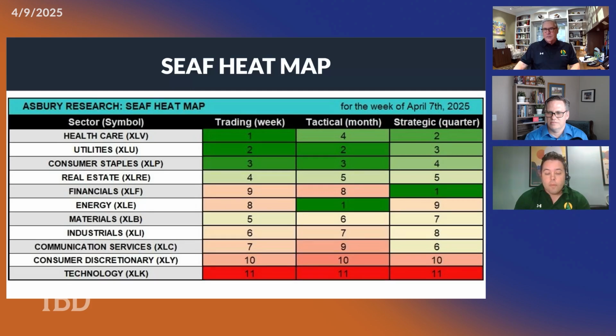We rebalance this once a week to try to keep up with the flows. That's where the trading week comes in. But if this is truly a new leg higher, we'll start to see technology come in from off the bottom and move its way up the table.